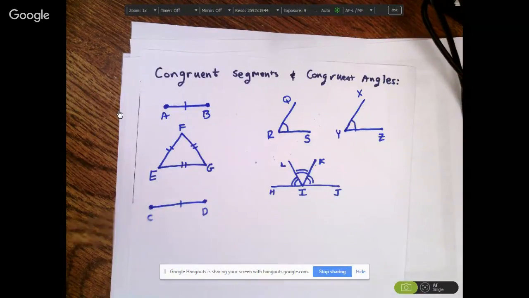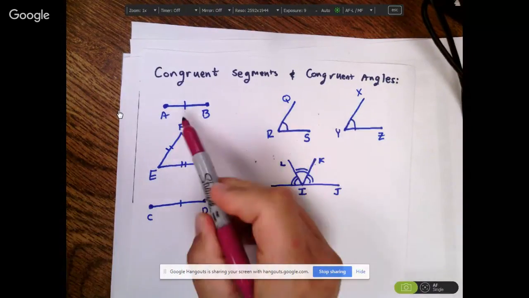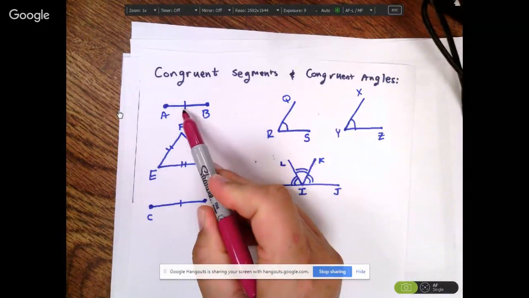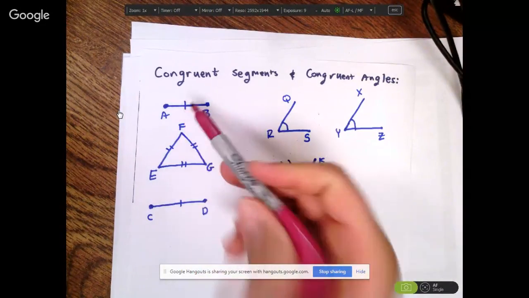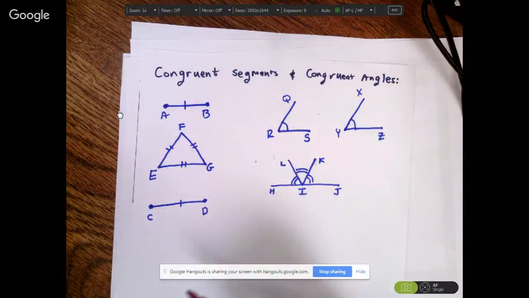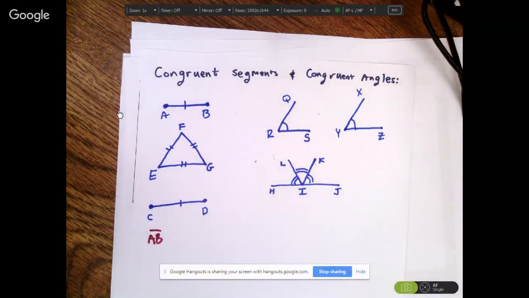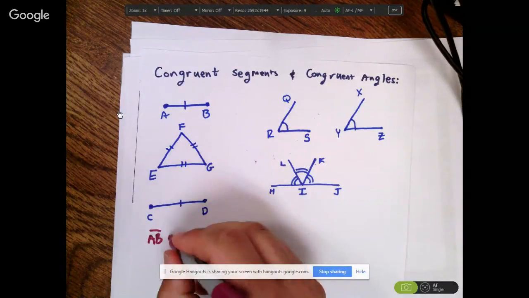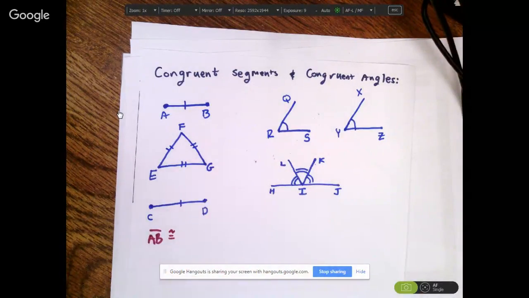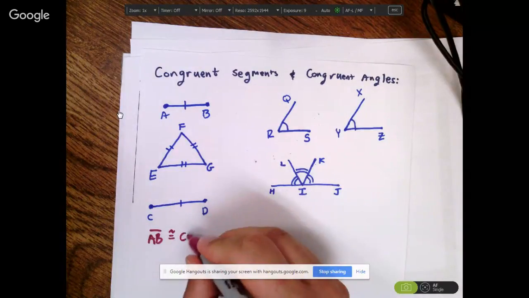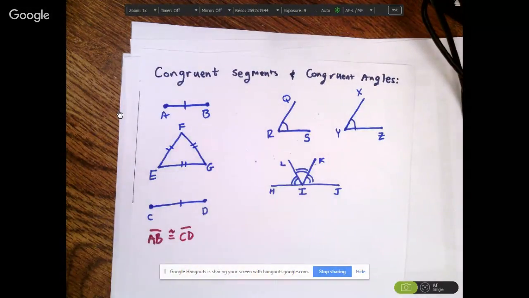So, congruent segments. When you have this little dash on here, that means it's congruent to any other segment that has that dash on there. So I could write down here that segment AB is congruent to what? To CD, because those have the one dash.